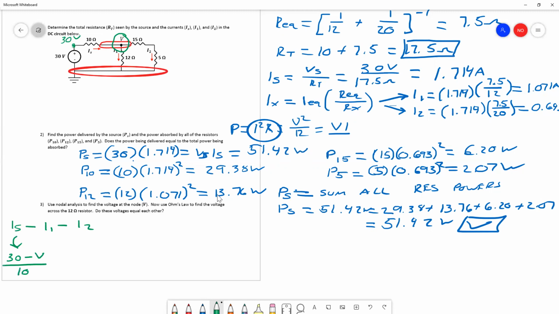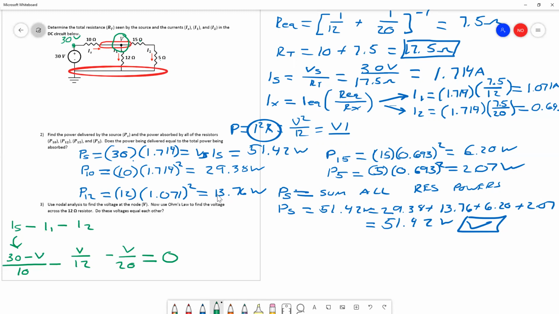I1 becomes V divided by 12. I2 becomes V divided by 20. And then that equals 0. The sum should always equal 0. Now that 20, if anyone's confused, came from the 15 and the 5 being added together.